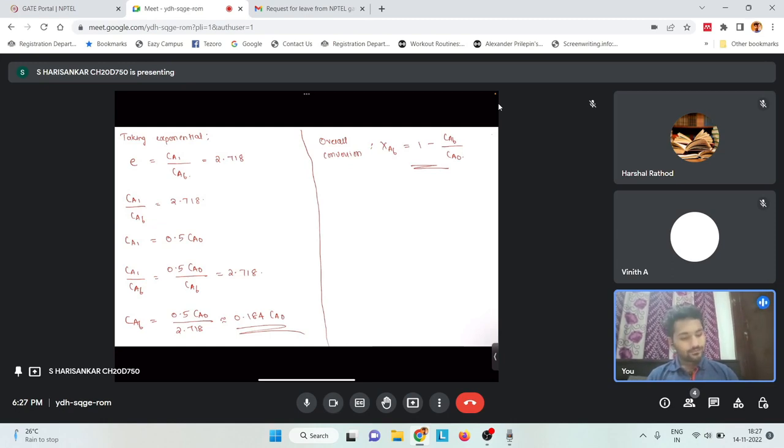So XAF will be 1 minus CAF, that is 0.184 CA0 by CA0. So CA0 and CA0 will get cancelled, and this will be 1 minus 0.184, and that will be 0.816. So this is the overall fractional conversion for this question. The right answer will vary between 0.8 to 0.89.